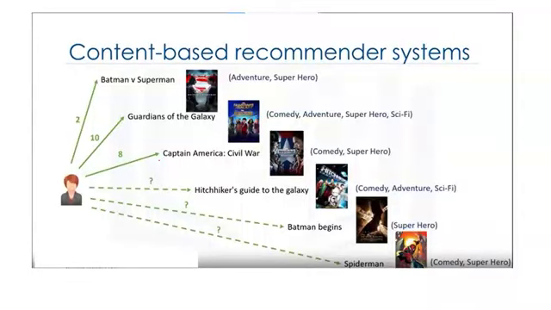Then we discussed an example of a movie recommendation system, where the user has watched movies and given ratings. Here we consider the ratings as well as the attributes of the movie, and based on that we recommend appropriate movies to this user.